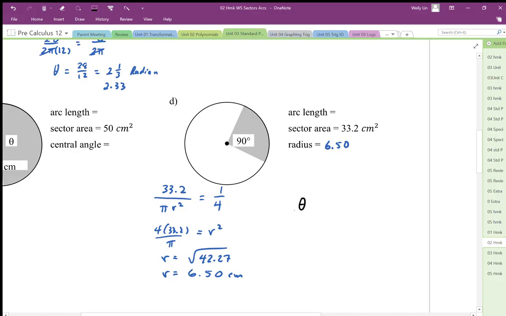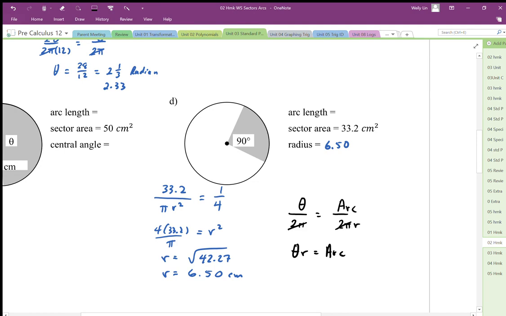So it's going to be the angle over 2 pi is equal to the arc length over 2 pi r. The 2 pi's cancel out, and so we can simplify that to theta r is equal to our arc.